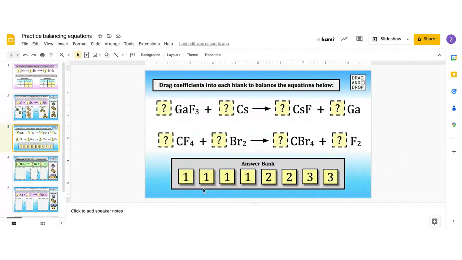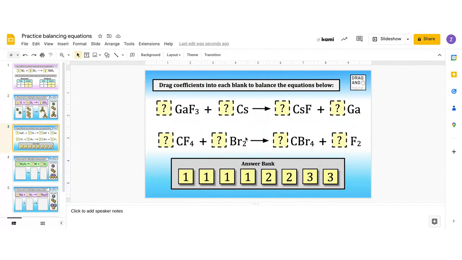Okay, so now notice that we have GaF3 and CsF and CaF. So notice that on the product side, we have 1 F, and on the reactant side, how many do we have?